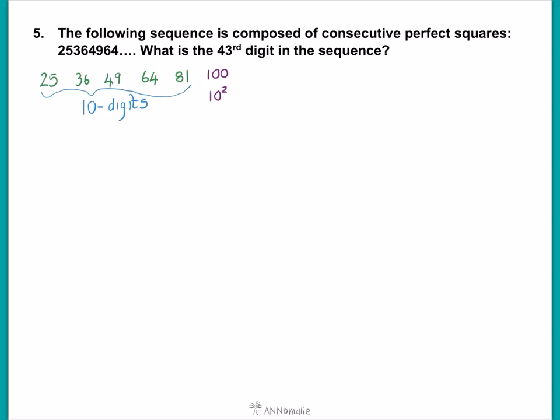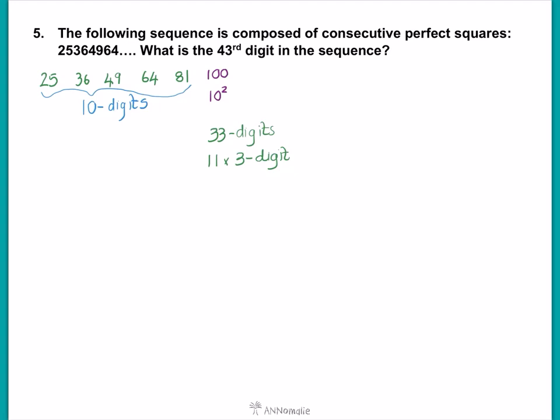We need another 33 digits. That could be composed of 11 3-digit square numbers. So all we need to do is see if we can find 11 3-digit square numbers.